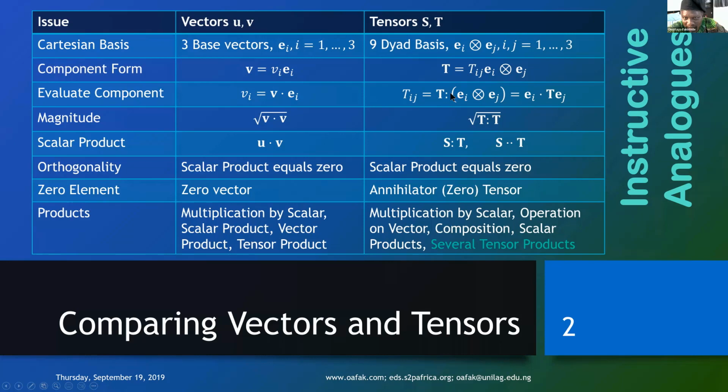It's just that what scalar product means for tensors is different from what it means for vectors. You want to get the magnitude, you take the square root of the scalar product with itself. You want to get the scalar product, you just do the double dot here, and so on. So this is comparing vectors and tensors. Here we have established the relationship, and that helps you because if you remember your vectors, you can always use that to remember your tensor. That's the beauty of this.